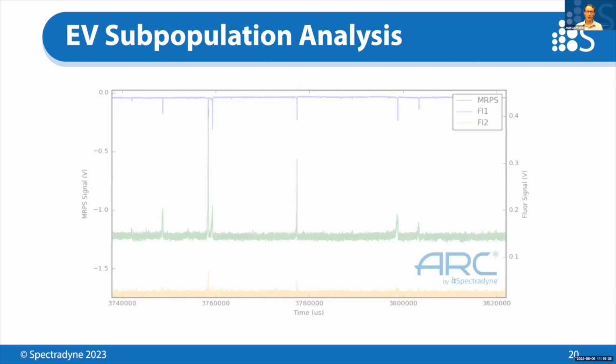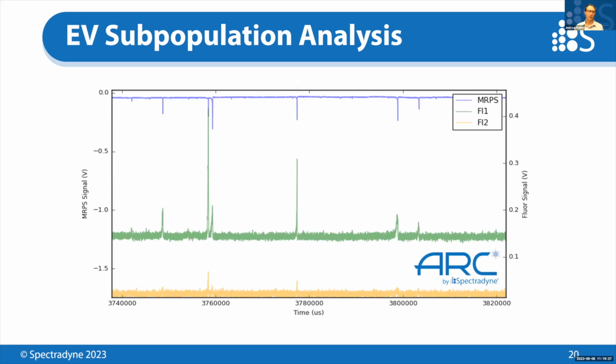But now on the ARC, we're measuring fluorescence from every particle. And so here's an example where I wanted to show you a little bit of the raw data to give you a flavor of what it looks like. These three curves are showing us the raw data coming in measured for MRPS, which is the total particle measurement, the electrical method, in blue, and then the signals in two of our fluorescent channels, the green and the yellow channels.